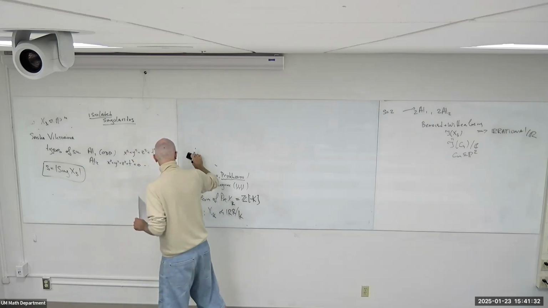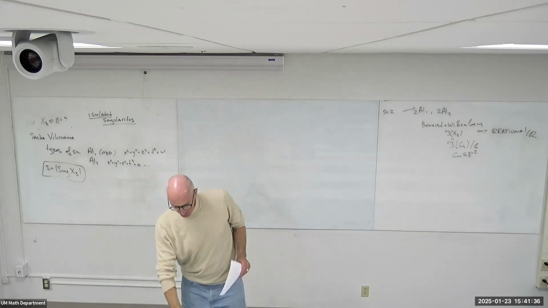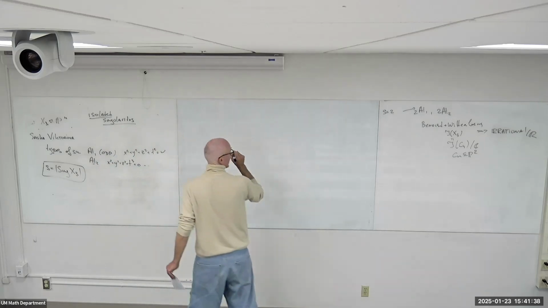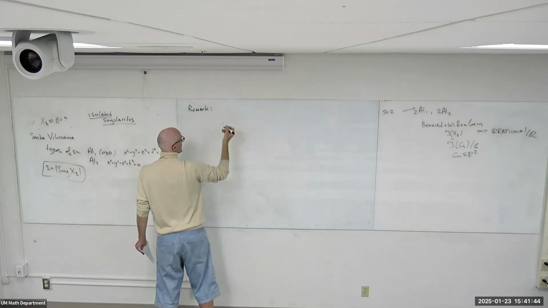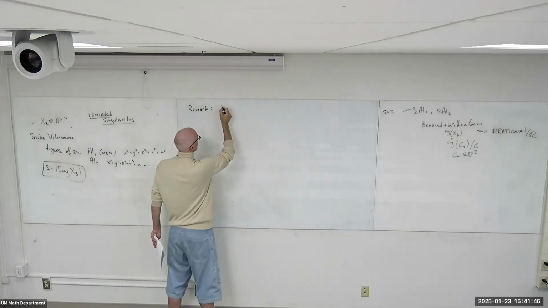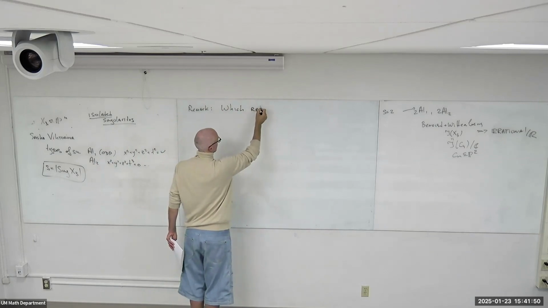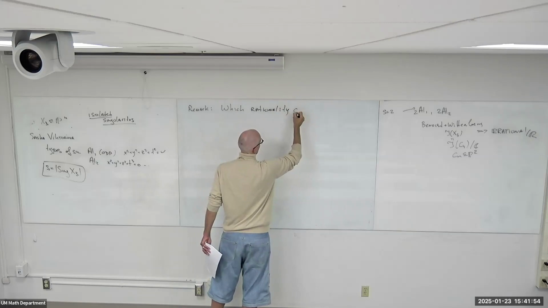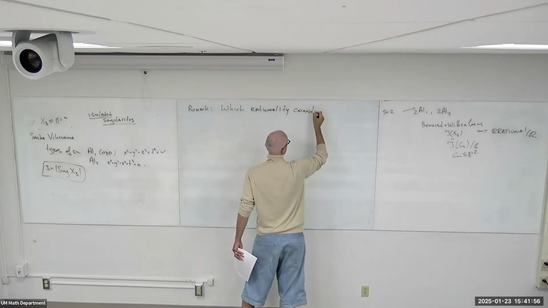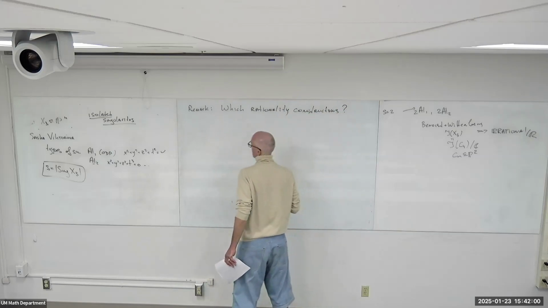Before I summarize what we did, just a remark. Which rationality constructions do we know for a cubic?